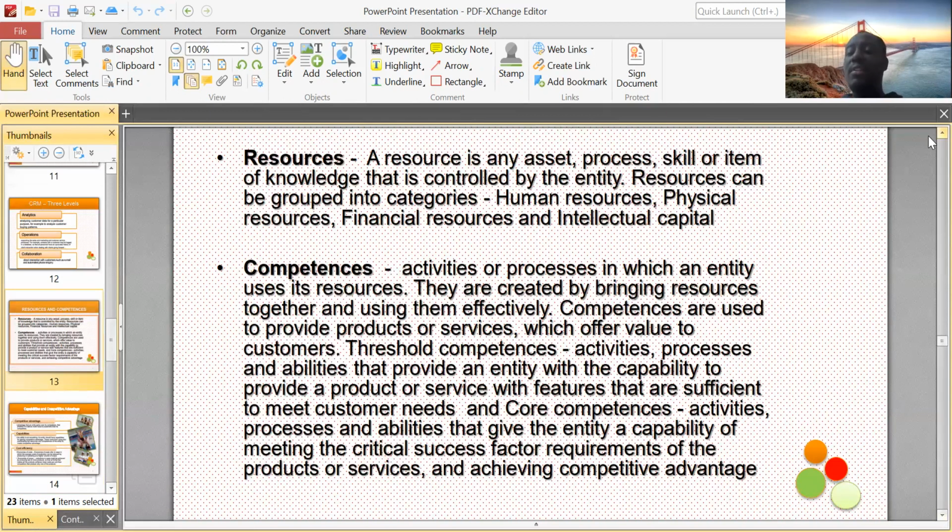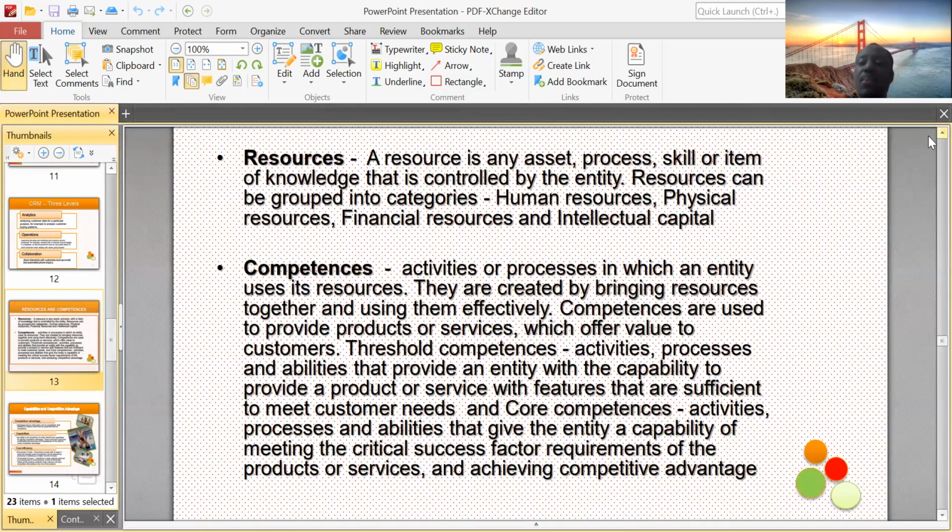Then you also have competencies. There's a difference between resource and competencies. Competencies is more about the activities or processes in which an entity uses its resources. They are created by bringing resources together and using them effectively.